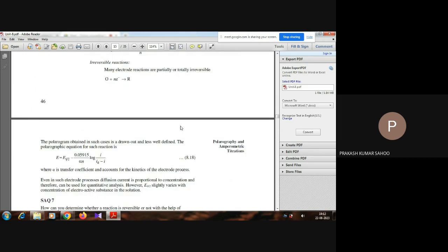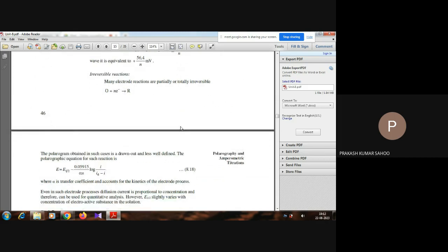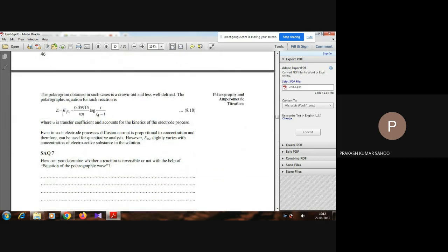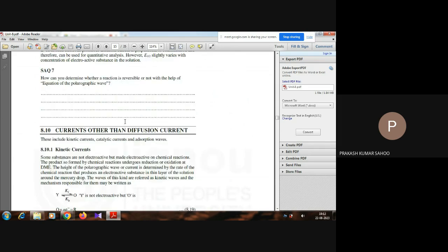For irreversible reaction, what happens? This will be E equal to E half, this much by alpha n, where n is the number of electrons, alpha log I by (ID minus I). Now this is just by following the Nernst equation and Ilkovic equation.